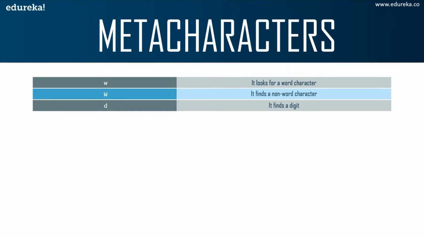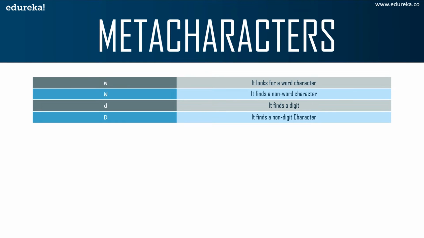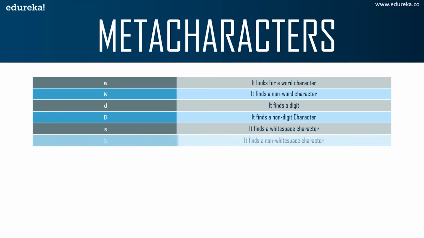Then next up, we have the small letter d that finds a digit, and also the capital letter D, which finds a non-digit character. In the same manner, we have a small letter s and a capital letter S. The small letter s will find any white space character in your string, whereas the capital letter S will find any non-white space character.